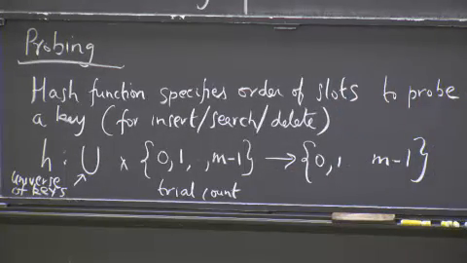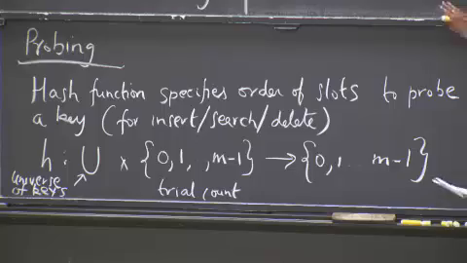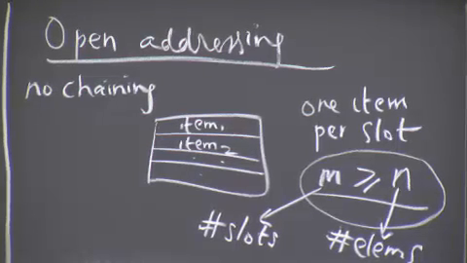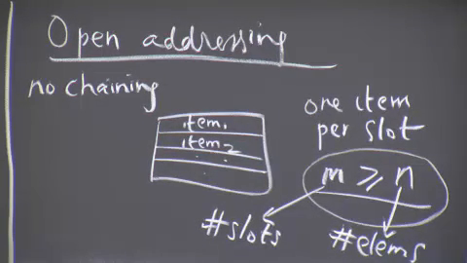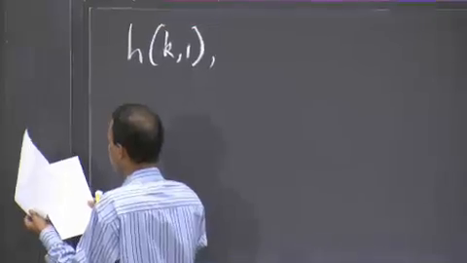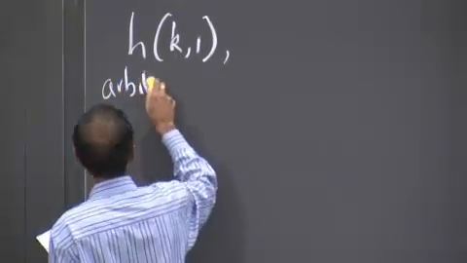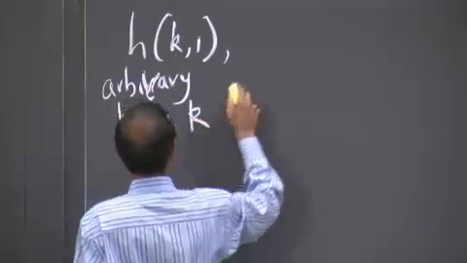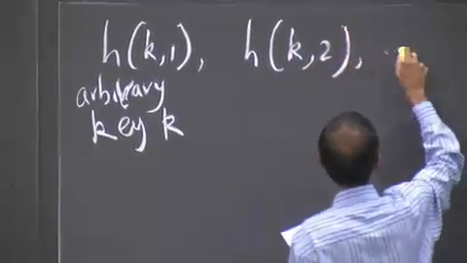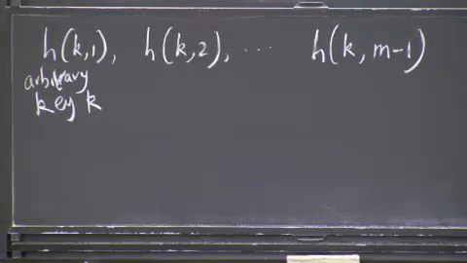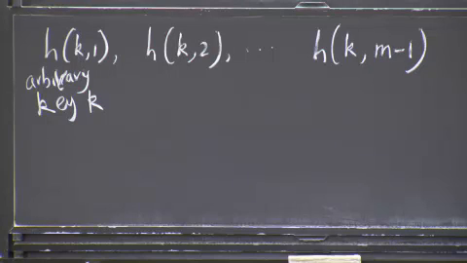In order to ensure that you are using the hash table corresponding to open addressing properly, what you want is, and this is an important property, that for an arbitrary key k, mind you, what you have in terms of the slots that are being computed is this: h(k,1), h(k,2), and so on and so forth to h(k,m minus 1), right?